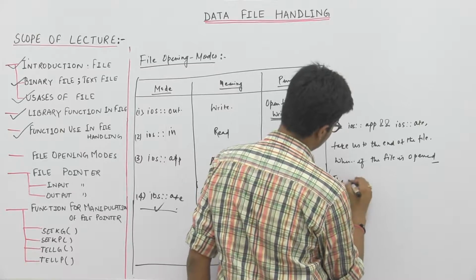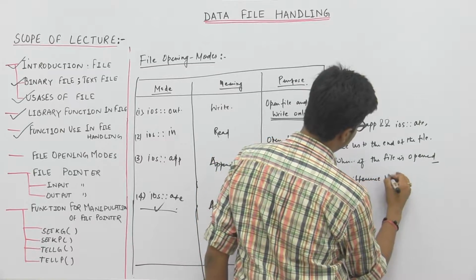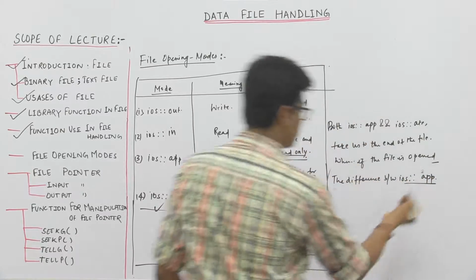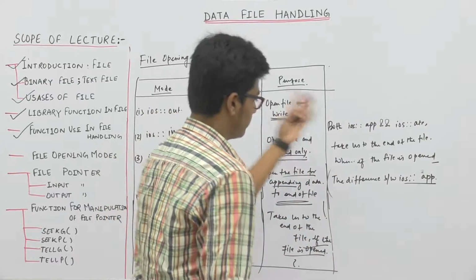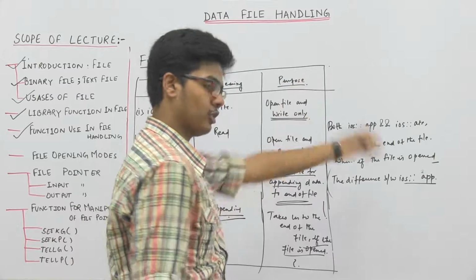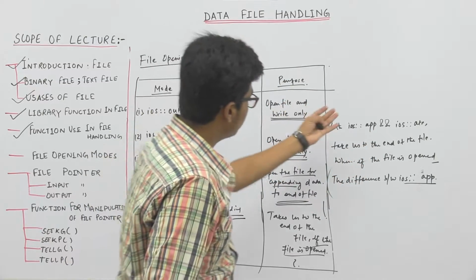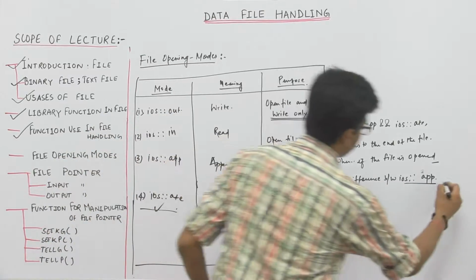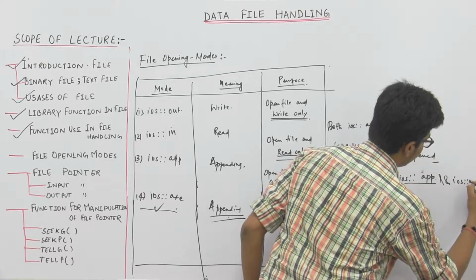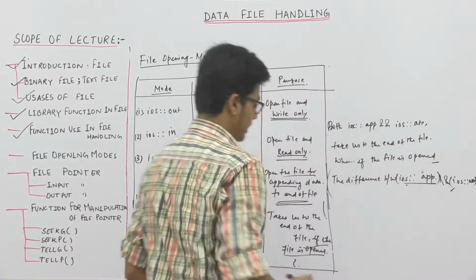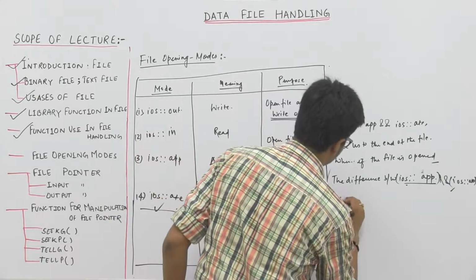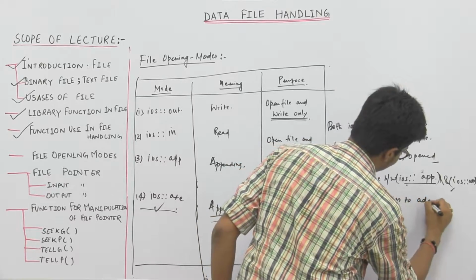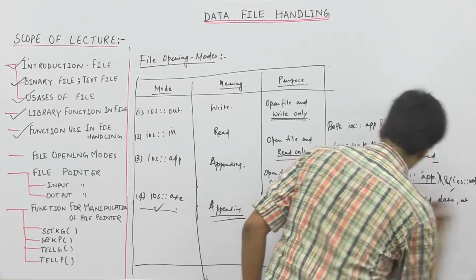The difference between ios::app and ios::ate: if both take us to the end of the file when the file is left open, then what is the difference between them? The difference is that ios::app allows us to add data at the end of the file.